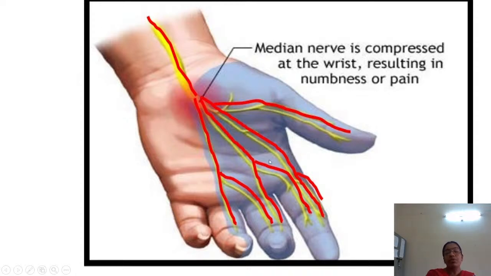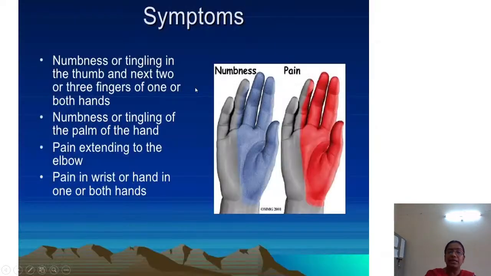The lateral three and a half fingers of the palm are supplied by the median nerve. We will be seeing it, but there is a distribution at that part. So when the median nerve is compressed at the flexor retinaculum, the person may come across the symptoms of numbness and pain.